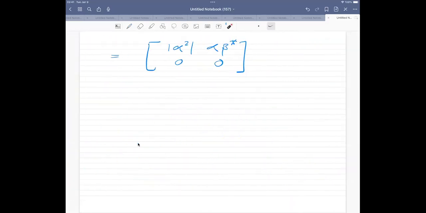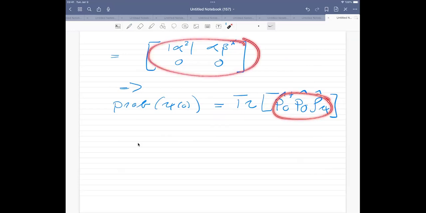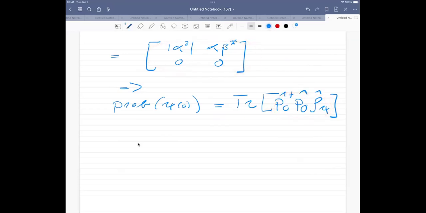What we do then, if we now look at this one, we can see that this probability of psi 0, or after the measurement, is the same as the trace of P0 times rho psi. And this quantity here is exactly, if you look at this object here, that is what we have here. So if I perform the trace, this is actually equal to alpha squared.